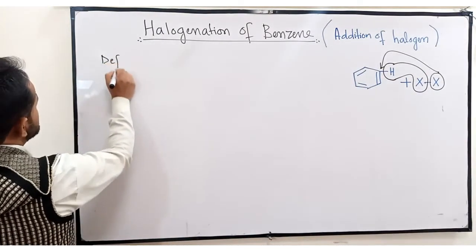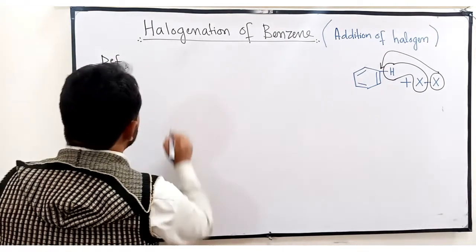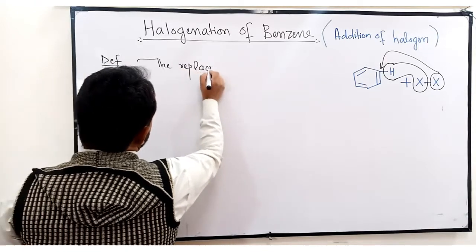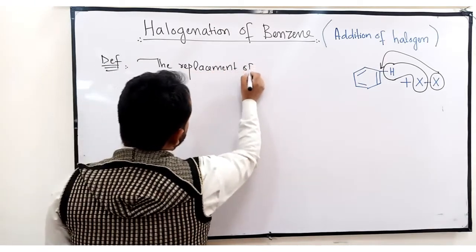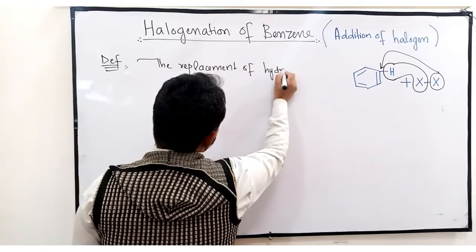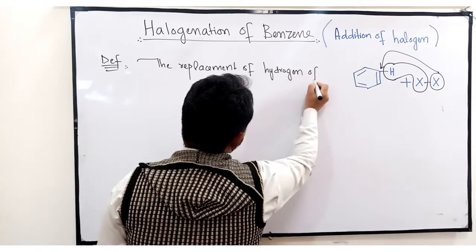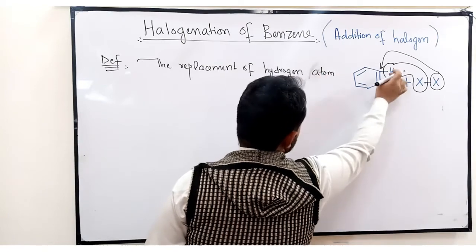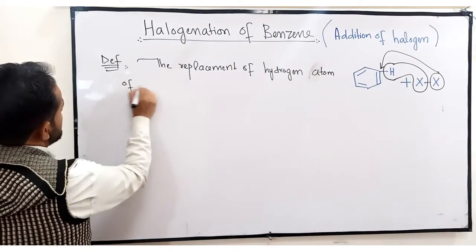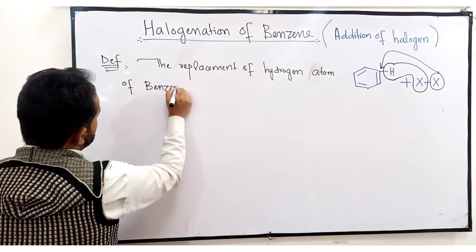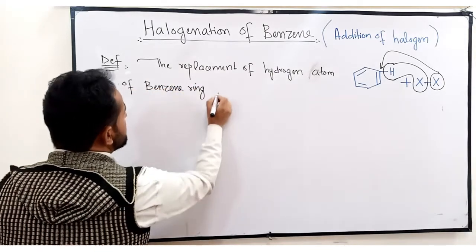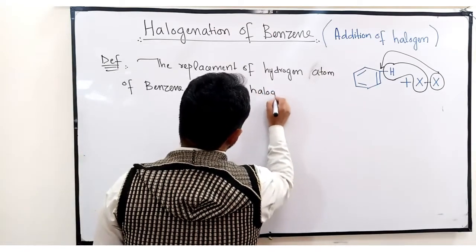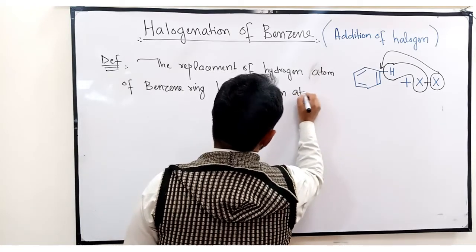The definition is very easy. The definition of halogenation is the replacement of the hydrogen atom of the benzene ring by a halogen atom.